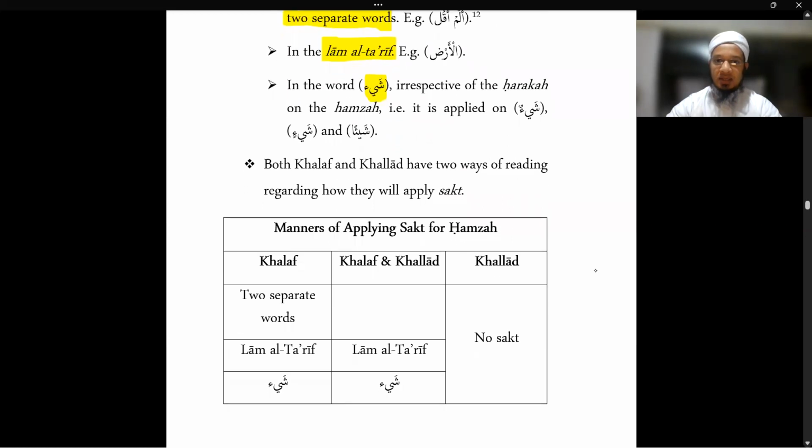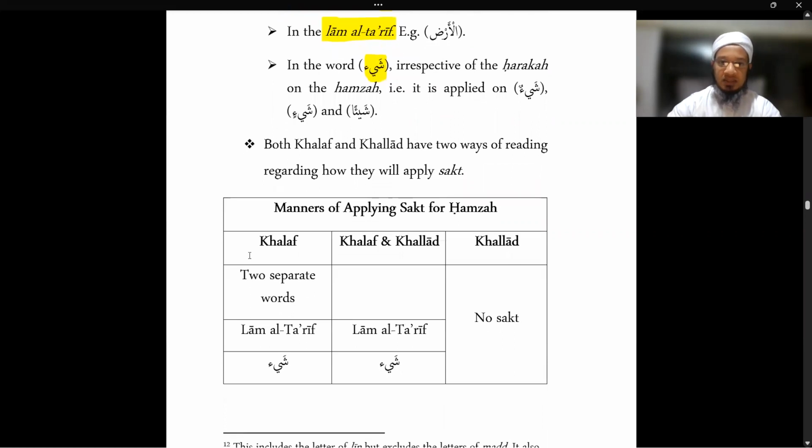Both Khalaf and Khallad have 2 ways of reading as to how they apply the sakt. The first one, on the left hand side, is for Khalaf only. He applies it in all 3 categories: on 2 separate words, on the lam ta'rif and on shay'. Then you have Khalaf and Khallad both applying it on the lam ta'rif and on shay'.